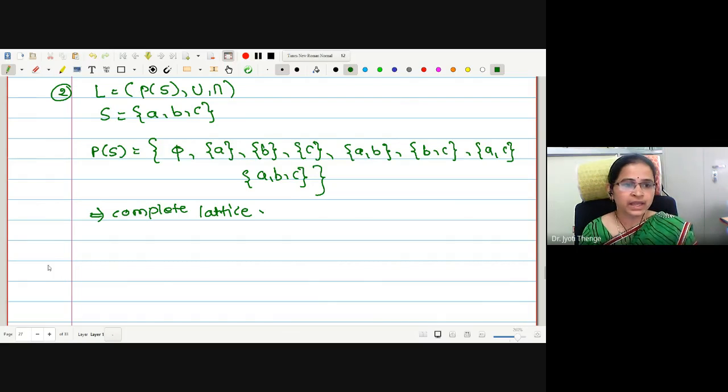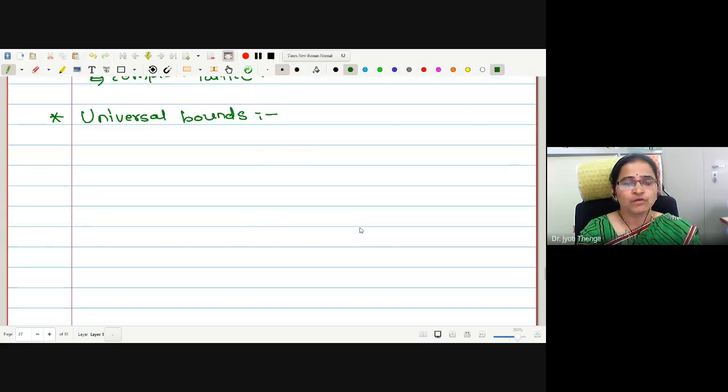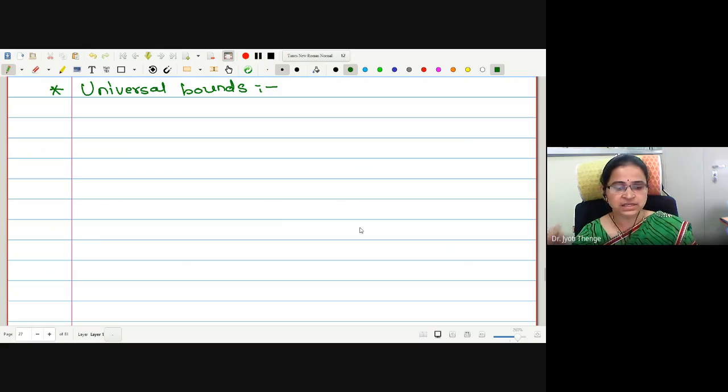Next point we will study is universal bounds. Universal bounds are defined with the help of a complete lattice. Every complete lattice will have a least and greatest element.